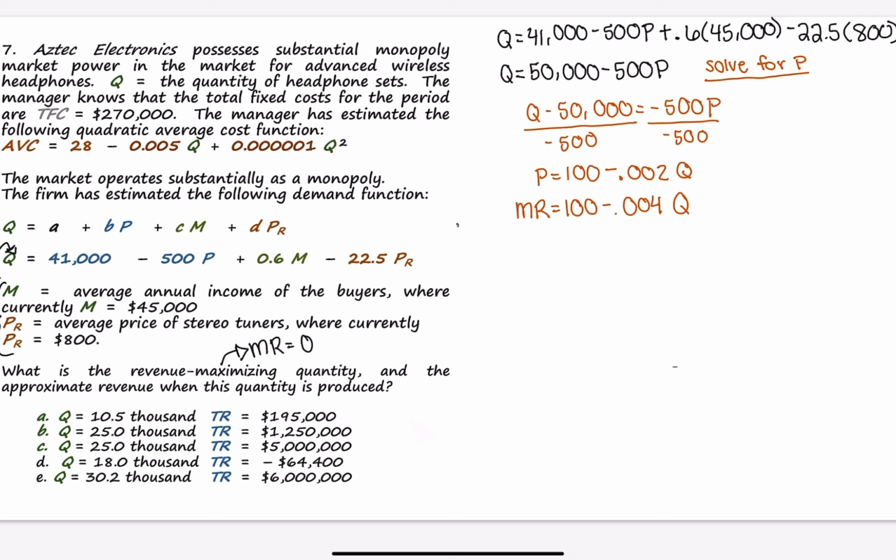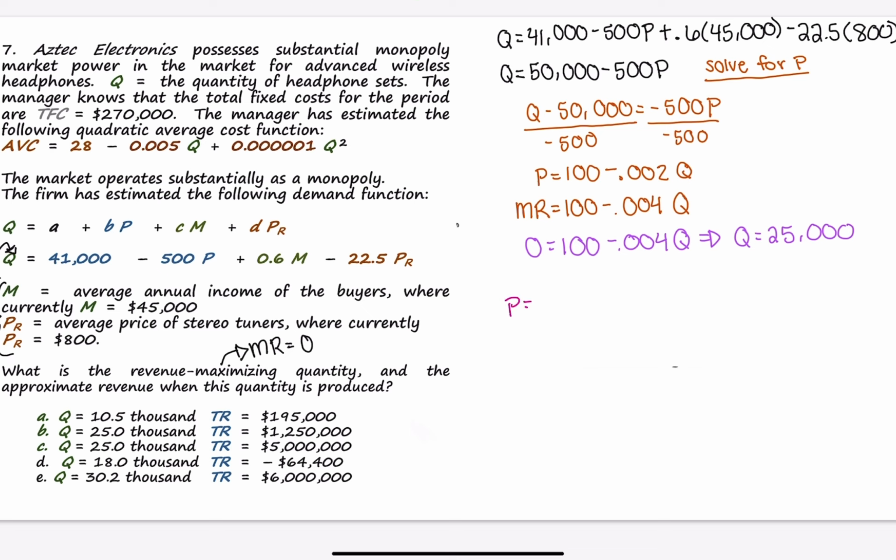We can set this equal to 0 because that's our revenue maximizing quantity. So 0 equals 100 minus 0.004q, which gives us q equals 25,000. Then we're going to substitute that back into p.